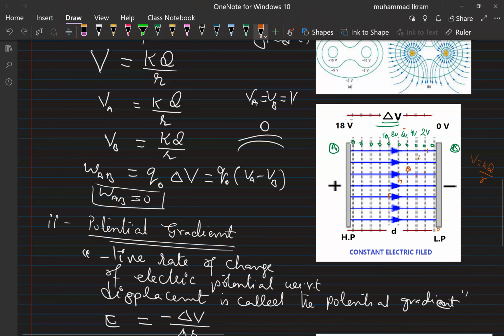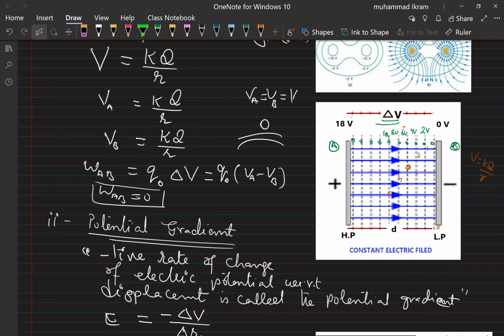Now remember the electric field intensity E is the same everywhere. But the potential difference changes as you move from the plate B towards the plate A, while the electric field intensity is the same.